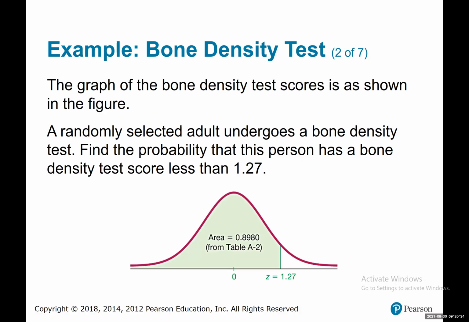A randomly selected adult undergoes a bone density test. Find the probability that that person has a density test score less than 1.27. So right here, we're going to use our calculator.